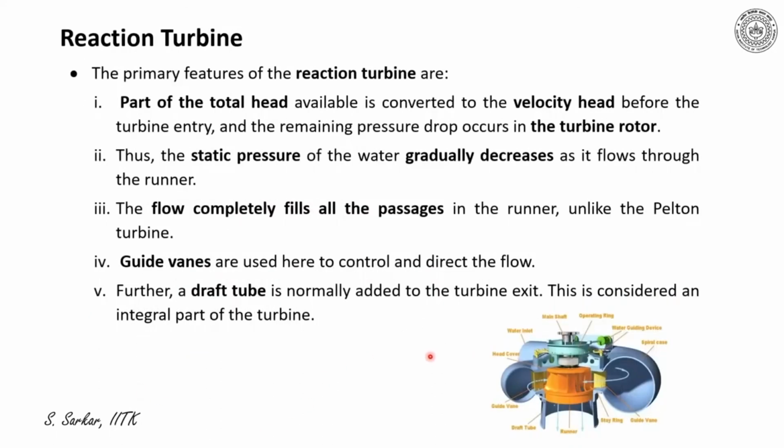I'd like to initiate the discussion with a cut section of a Francis turbine. Please note that water passes through the volute casing and then enters the impeller via the guide vane, and then the water is pushed to the reservoir or the sump via the draft tube.